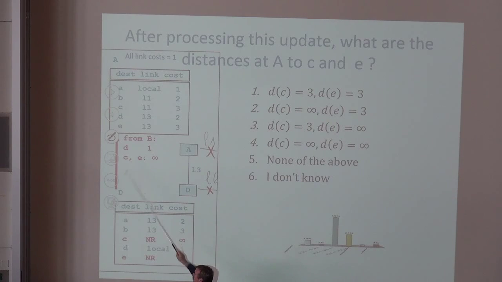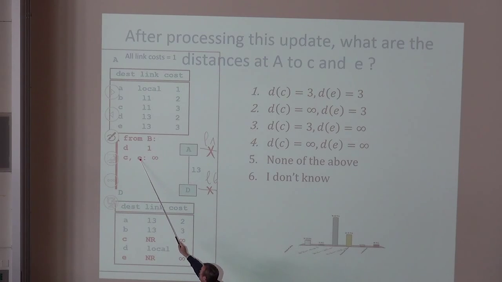So I compare what D is saying about C to what I had before, and I pick the best. Now this is not the best because the distance is infinite. So for C, A will change nothing. A has B that is saying C is infinite distance, but A has another path to C, which is better, so it keeps it.